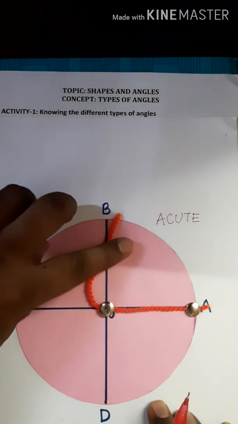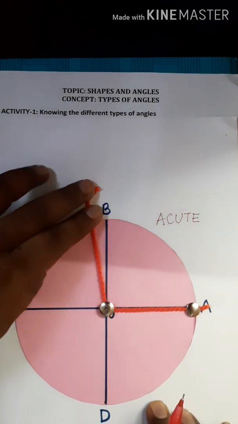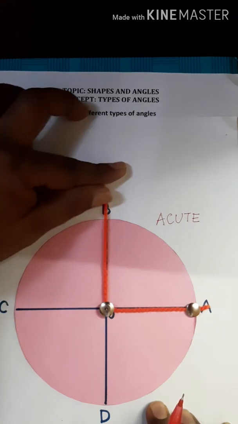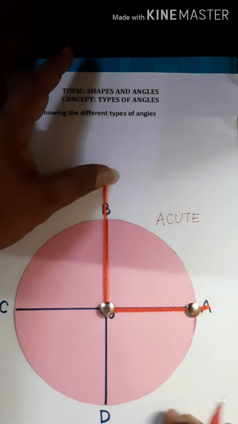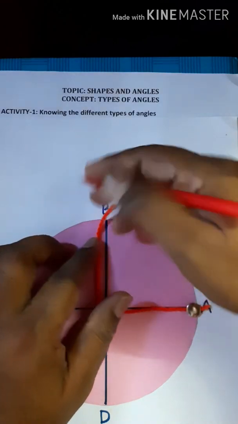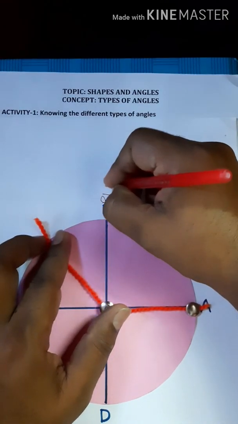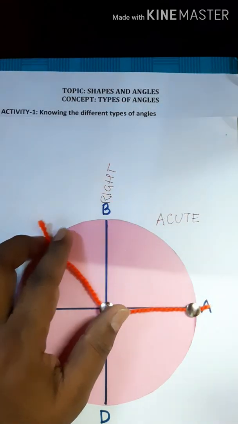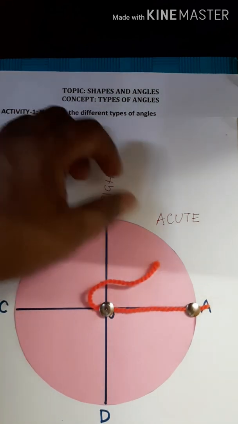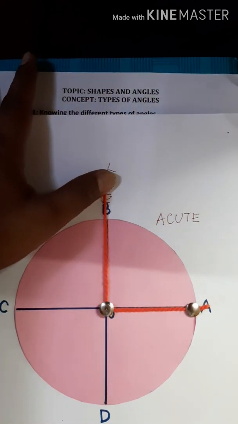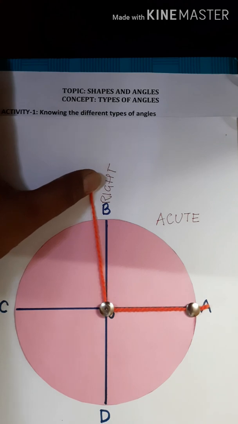Now, if you come at 90 degrees, it is called a right angle. Suppose I come here, it will be a right angle. And if we exceed 90 degrees, if the measure of the angle becomes greater than 90 degrees, it is called an obtuse angle.